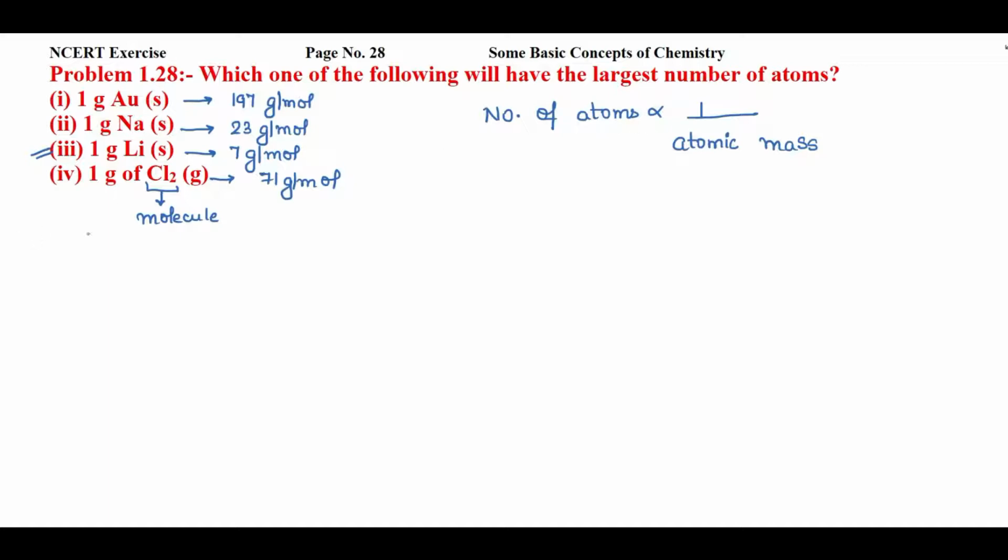So let's solve this problem in detail. Again, we will apply the unitary method over here. The concept that you will use is 1 mole is equal to Avogadro number of atoms. So Avogadro number of atoms is equal to 6.022 into 10 raised to power 23 atoms, or since we also have a molecule, we will mention molecules over here.